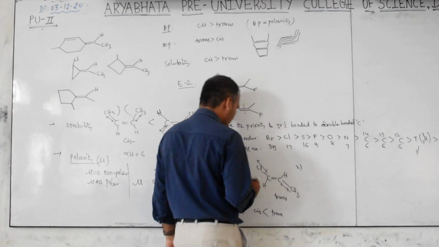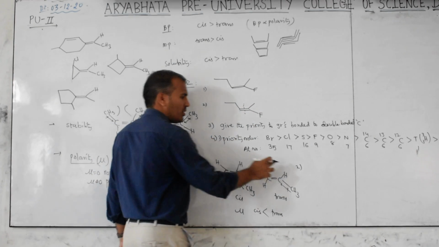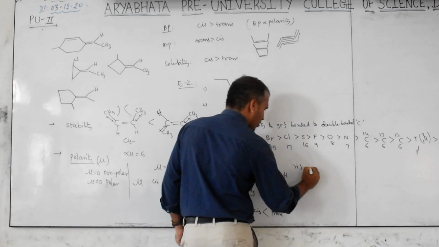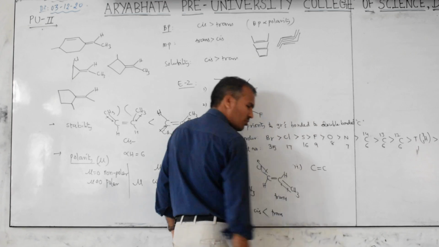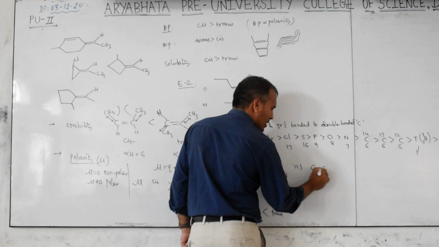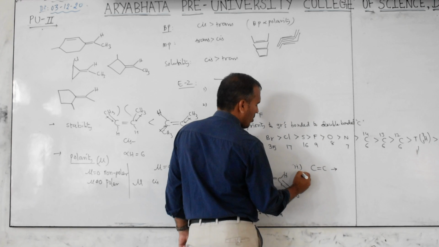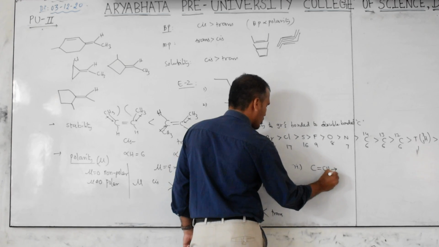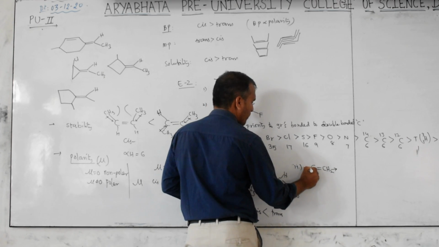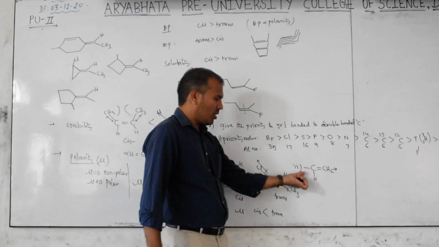Second one. Here this is in priority. If a double bond is there, see, how to think about this?